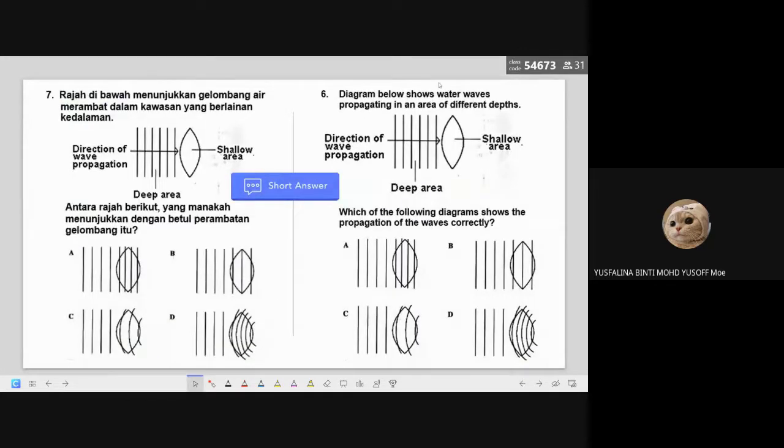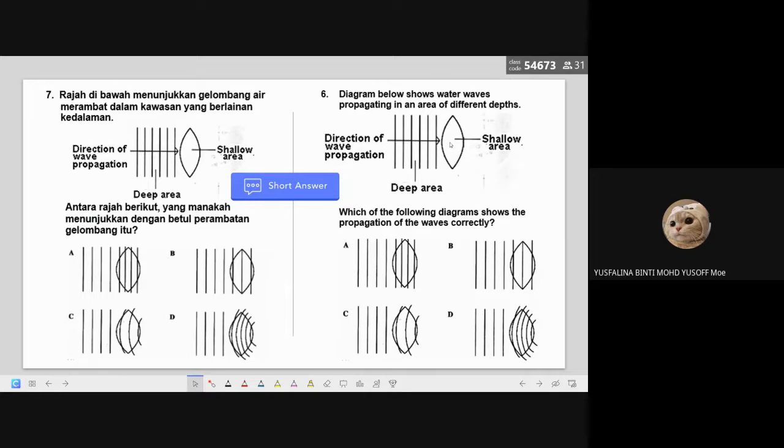So here it says a different depth. If you put the lens here, it means that this part will become the shallow area. For the shallow area, of course, you have to know the wavelength will become shorter.